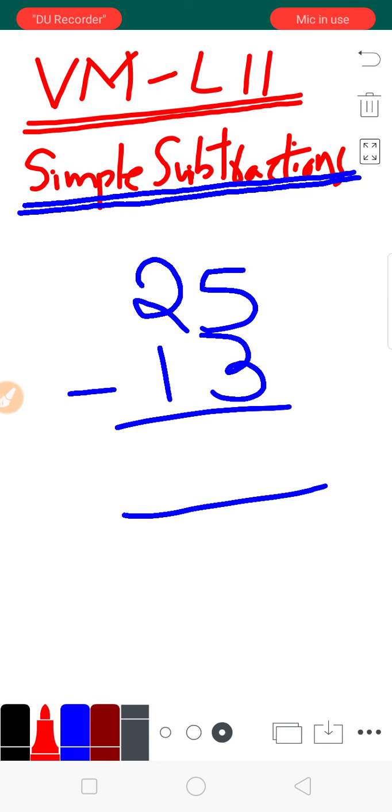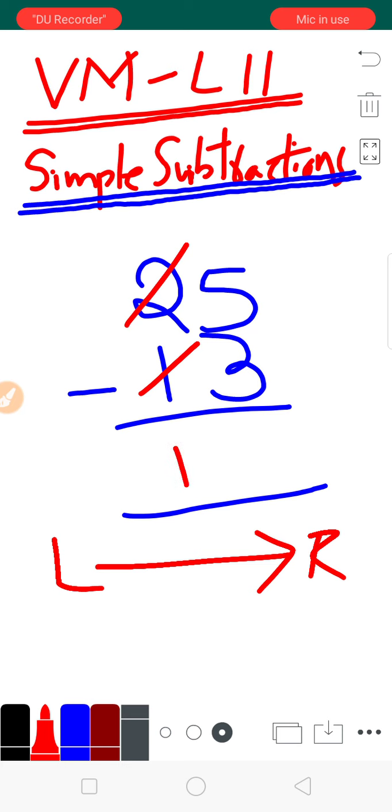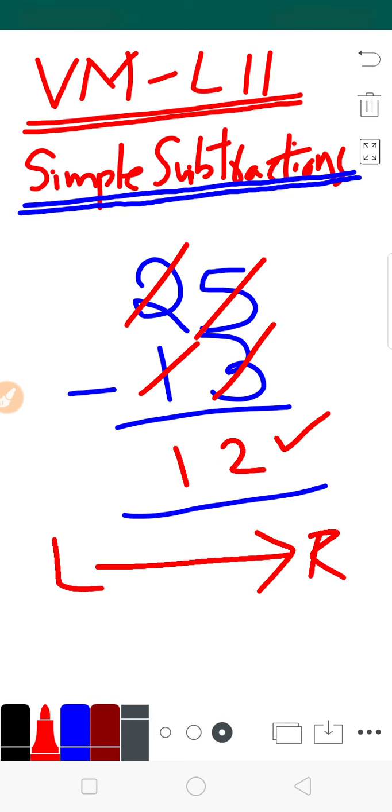But in Vedic Maths, we travel from left to right. Whether it is additions or subtractions, we will travel from left to right only. So 2 minus 1 is equal to 1, 5 minus 3 is equal to 2. This is the answer.